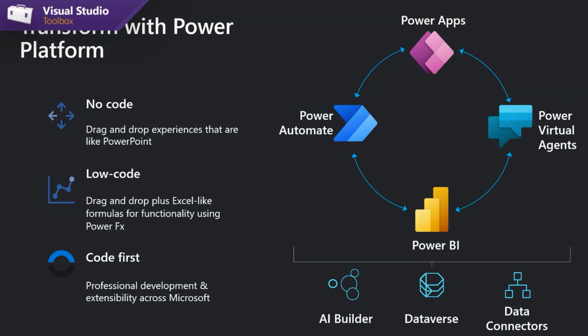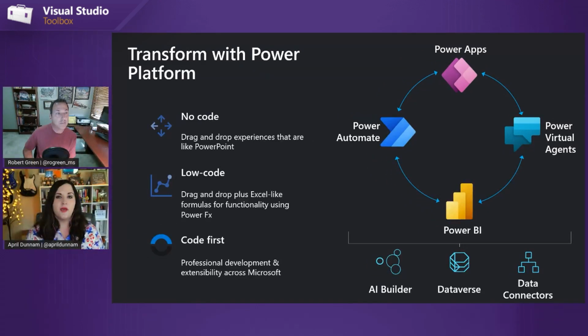But what really makes it powerful is the fact that, yes, it can tackle those no-code and low-code scenarios for citizen developers, but there's a great code-first pro dev integration story with extensibility points that we can leverage. So it's all about really increasing your efficiency as a developer and letting you focus on what you actually want to focus on. So you don't have to worry about the UI, for example.